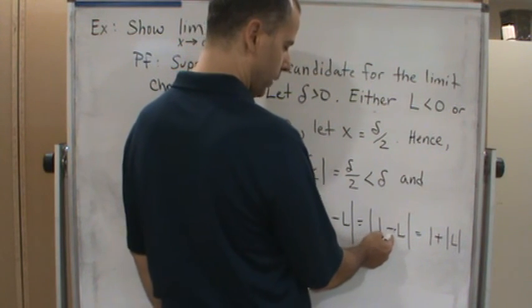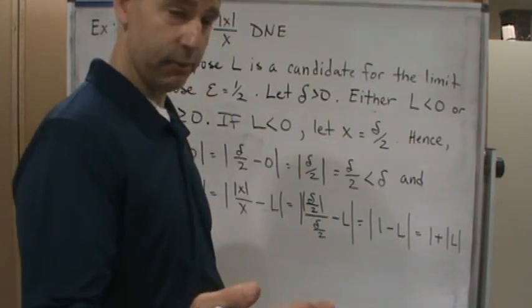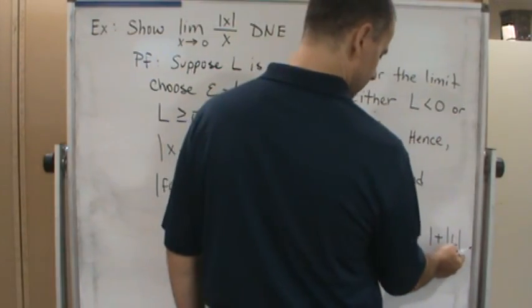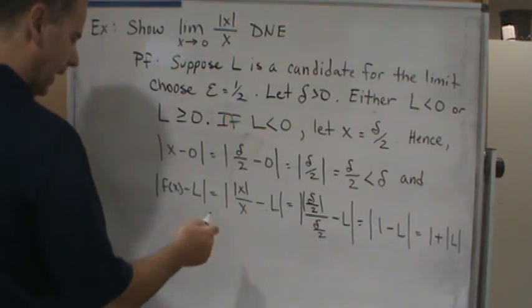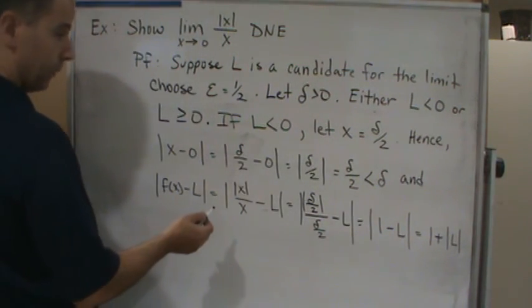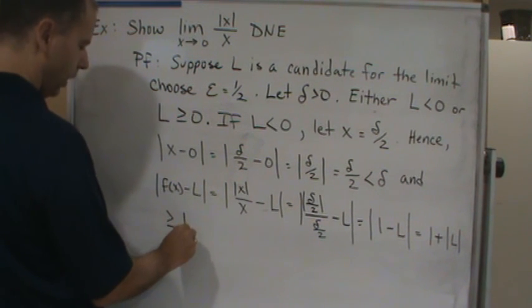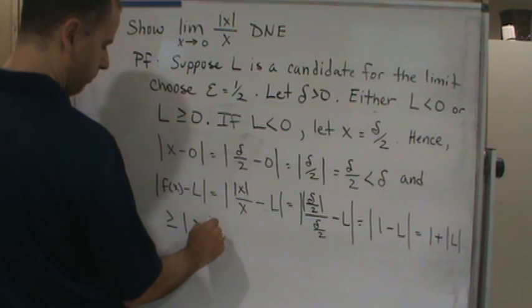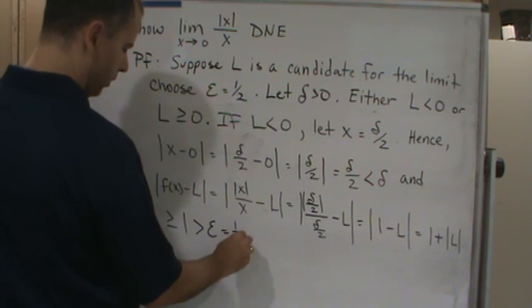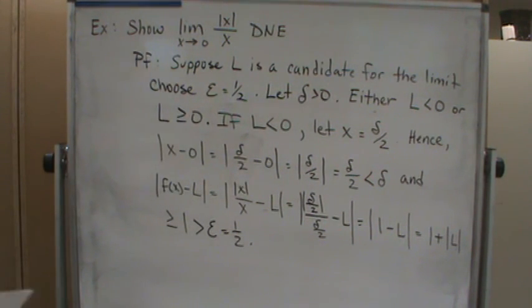But to show that L is positive, we put the absolute value signs around it. Again, 1 plus the absolute value of L is going to be greater than or equal to 1, which is greater than epsilon, which is equal to 1/2. And so it fails there as well.